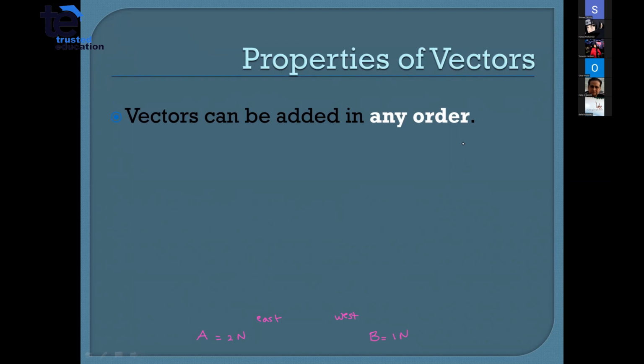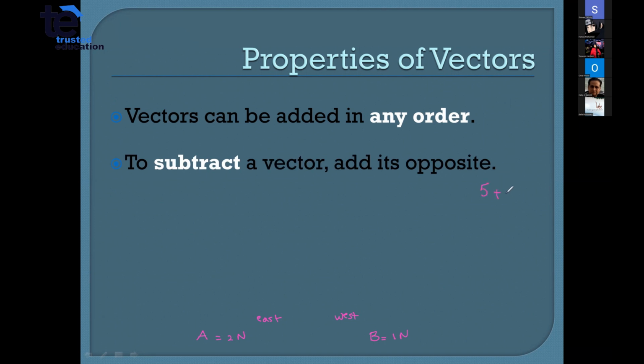Similar to if I tell you that I need to add 5 plus -3. You cannot just add them without considering the sign. You cannot say that this is equal to 8. So 5 plus -3 is not equal to 8, but I have to take care of the sign. So 5 plus -3 is 2. This is because of the sign.